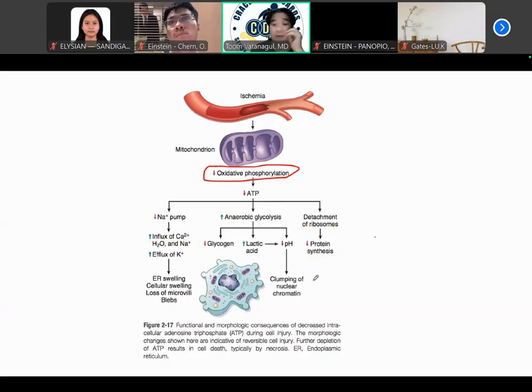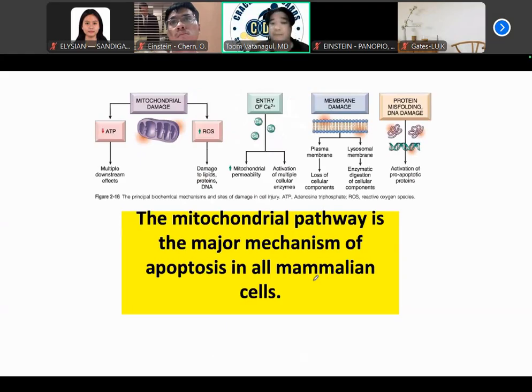take note of this. Okay, now this one came out. What is the major mechanism of apoptosis in mammalian cells?